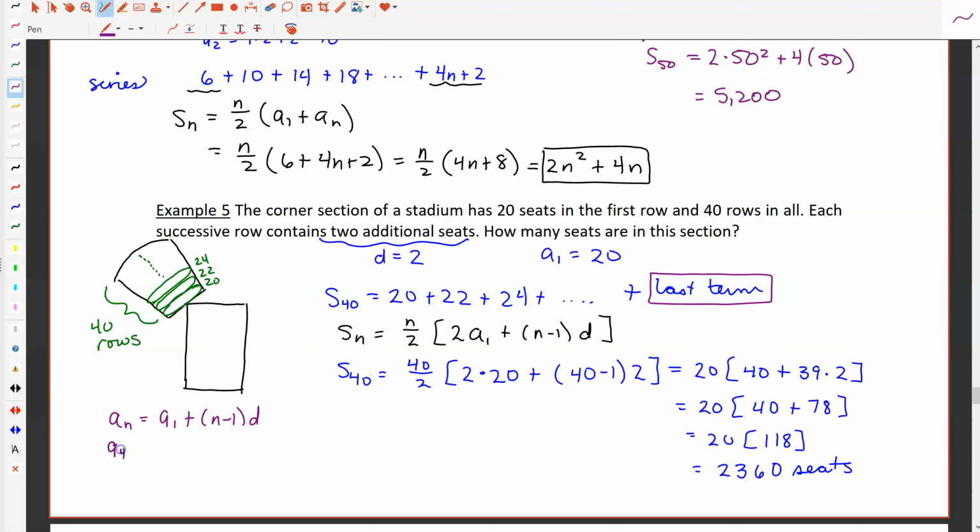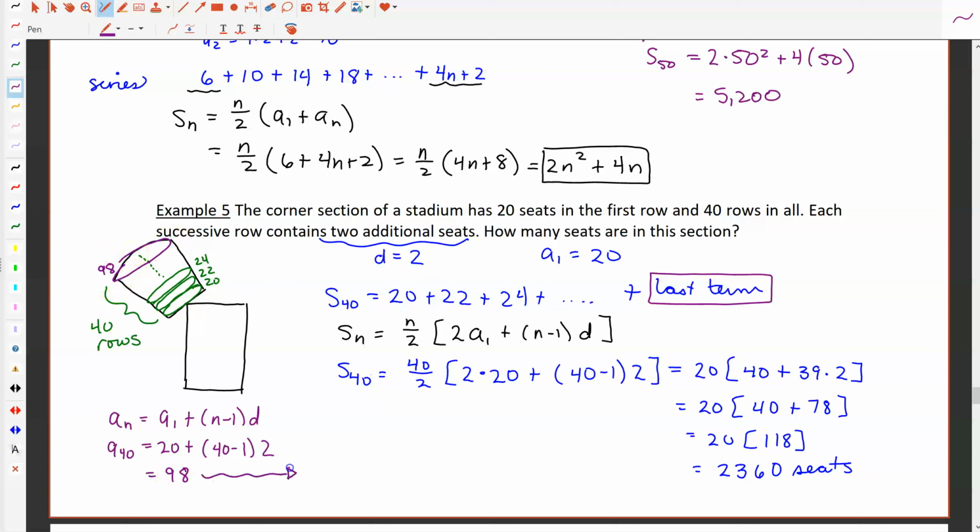Now I know I'm going out 40 rows or 40 terms in my sequence, and I know the first term is 20, and I know my common difference, which is 2. So I could clean this up and figure out that in that 40th row, I will have 98 seats.